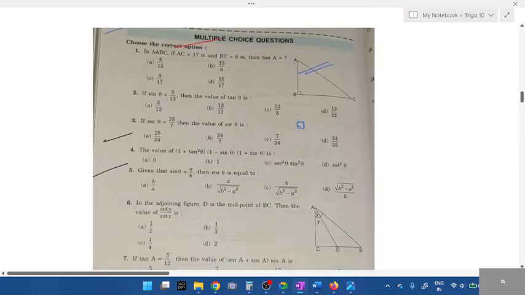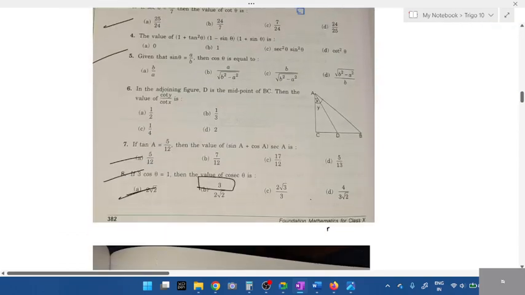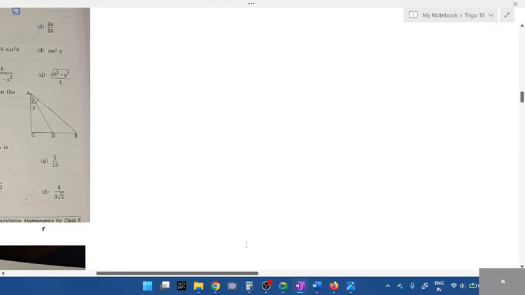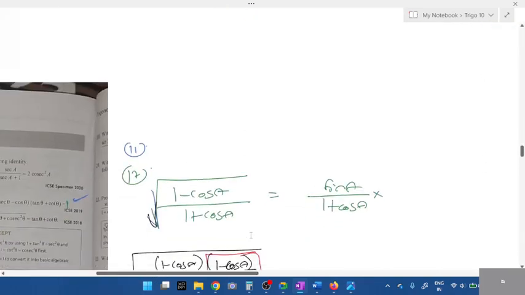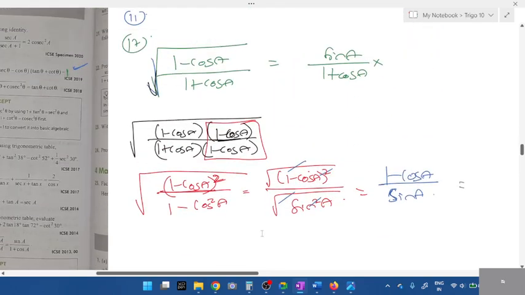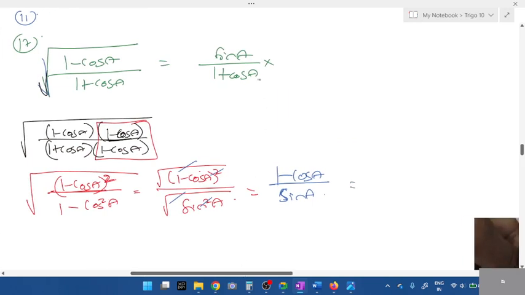One square question, root question. So you might get it like that, but in the board exam, it was slightly different. See, we'll solve this question. What is required? The right hand side, cos A. In the numerator, what is required?